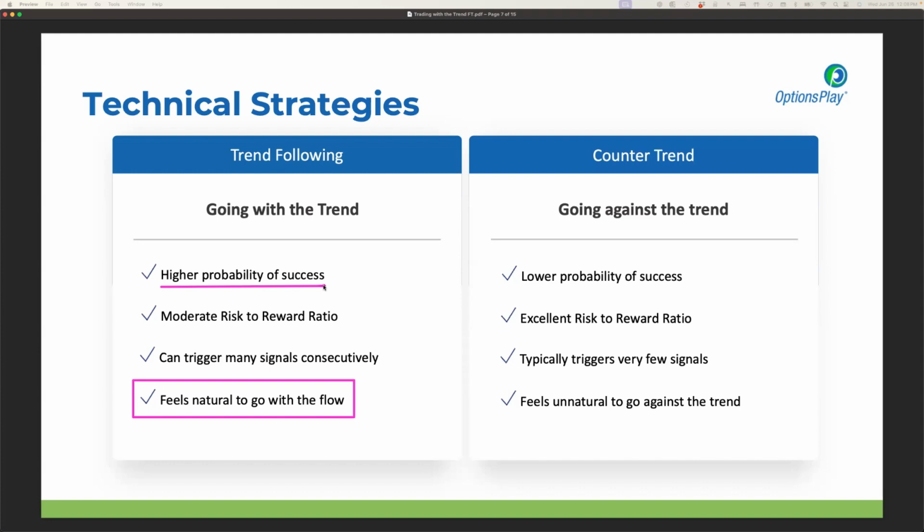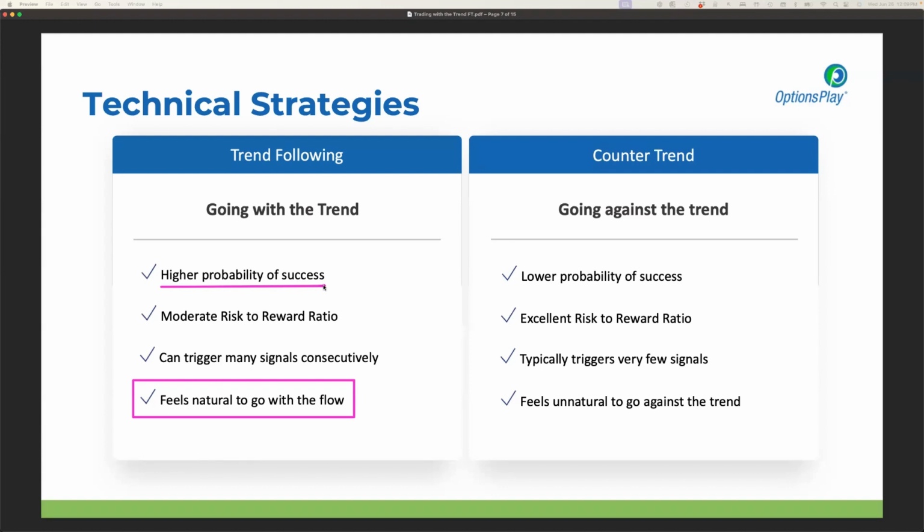That simply means that you are not the earliest one to identify it, meaning you're already to some degree late to the game, right? And that just simply means that your risk reward ratio may be decent, but it's not going to be the best risk reward ratio you can possibly get.